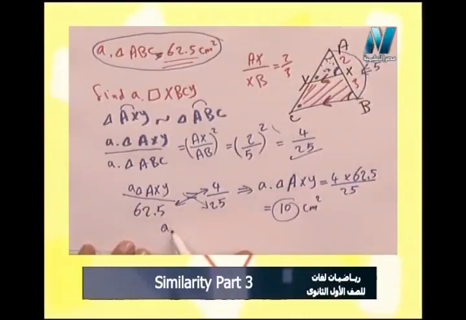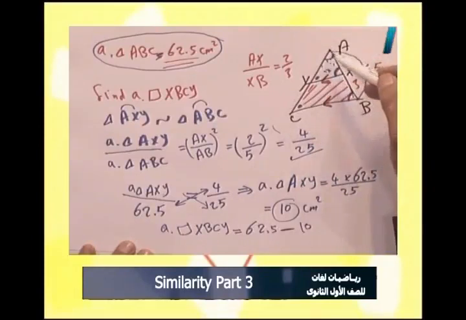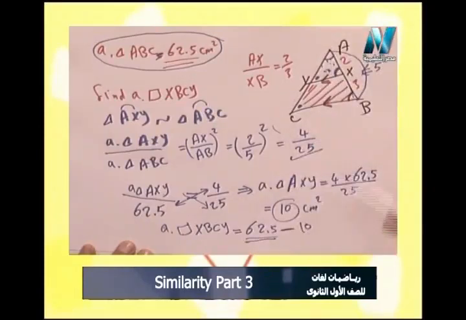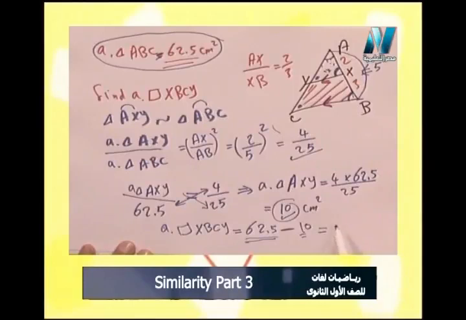So the area of quad XBCY equals 62.5 minus 10, because we have the area of the whole triangle here, 62.5, and the area of the small triangle AXY equals 10 with proof here. So the area of the quad XBCY will be easy now to find: 52.5 square centimeter.